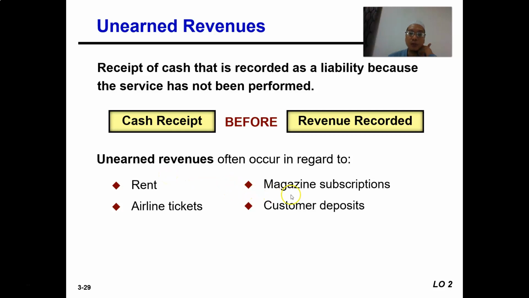Other examples include magazine subscription. Maybe our company distributes magazines, and our clients pay for a magazine subscription. They pay at the early time, but we will give out the magazine across 1 year. So this is an unearned revenue for us.